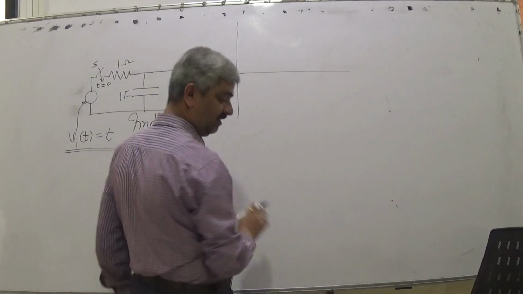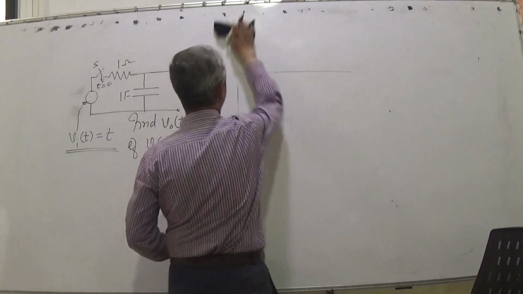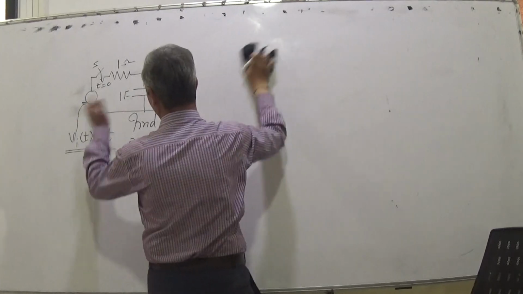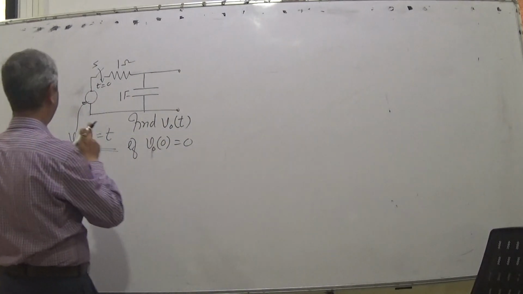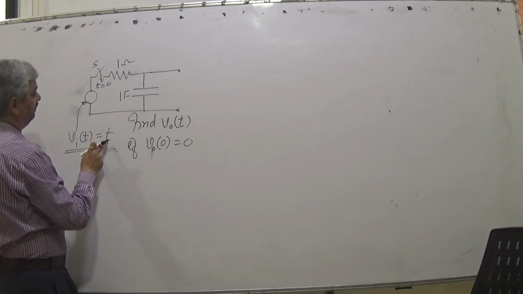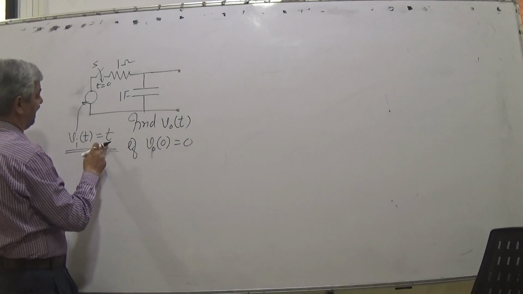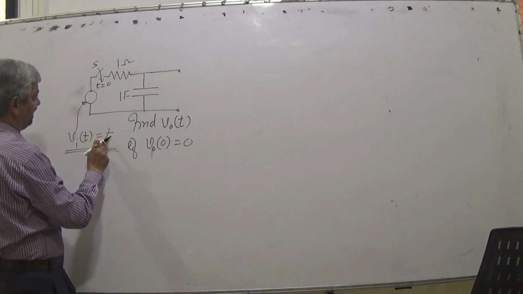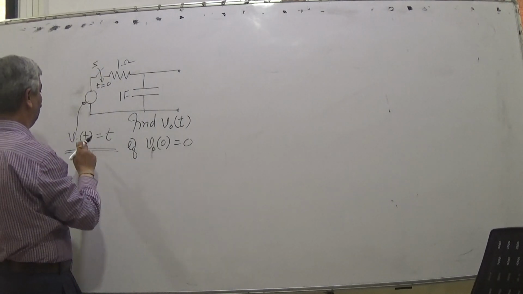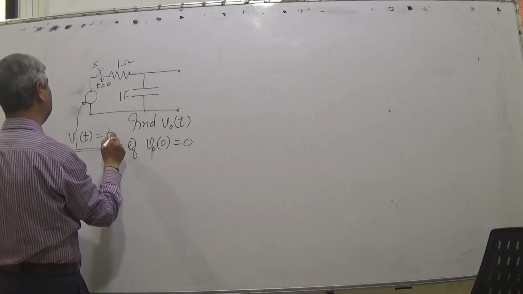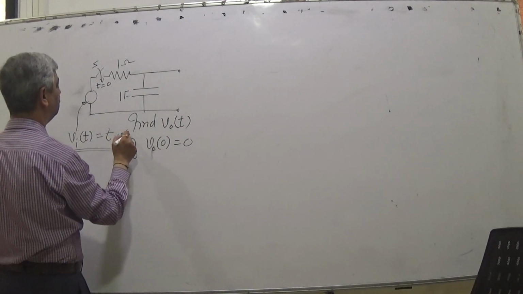So what is the input I am applying? A ramp, that is V in T, which is not exact when I am closing S at T equal to 0. So V in T I am applying is T, and I can say UT.